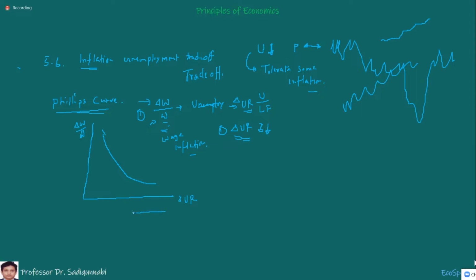Moving from here to there means reducing unemployment. What is the other name of unemployment reduction? The other name is employment increase. So moving from here to there is an employment increase, that is, unemployment reduction.